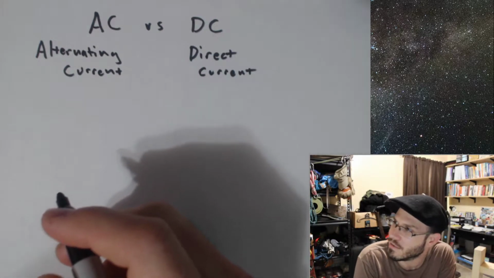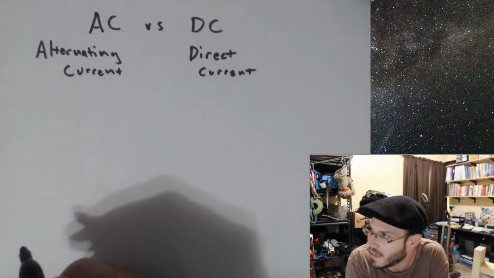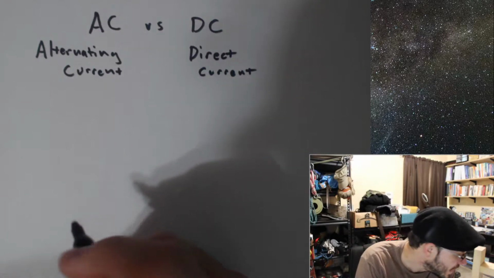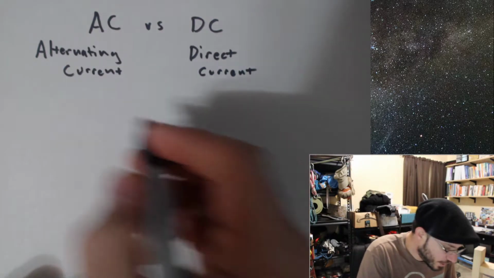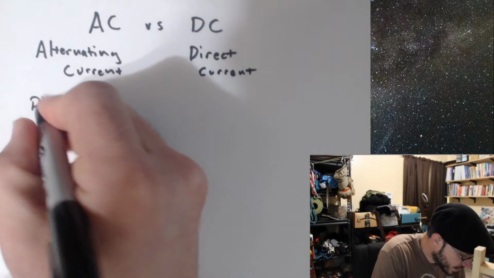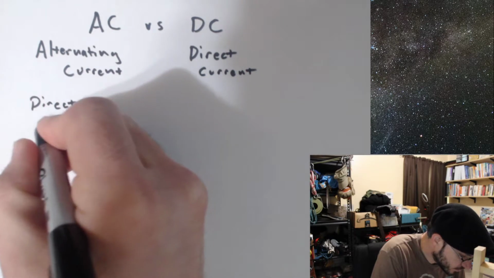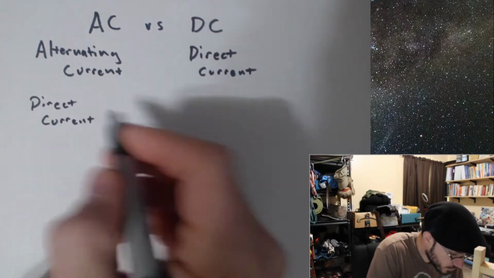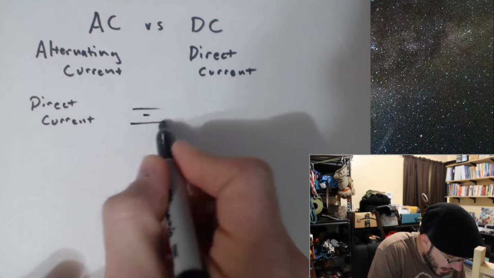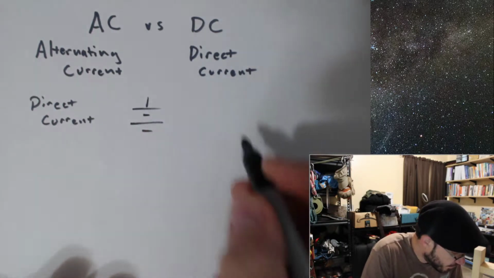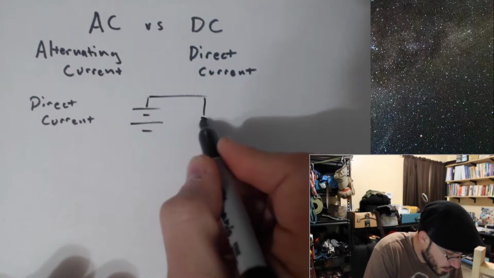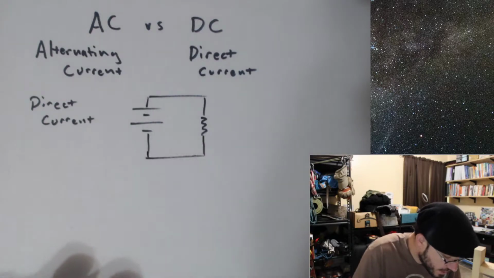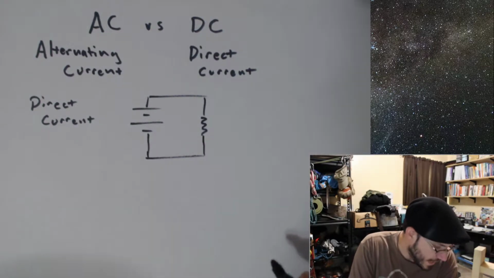That's that constant voltage source, always gives us 10 volts or 12 volts or 5 volts, but it stays the same the whole time. So when you looked at direct current, we would have a constant voltage source applied to something that's going to use the energy or dissipate some power.